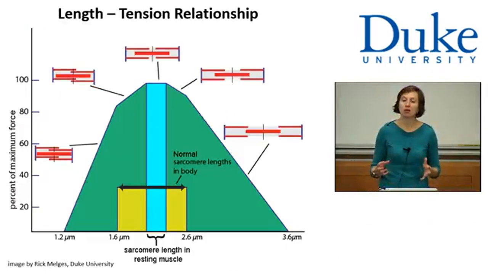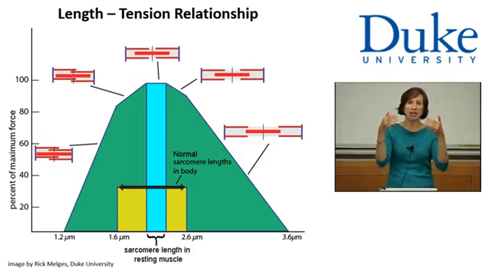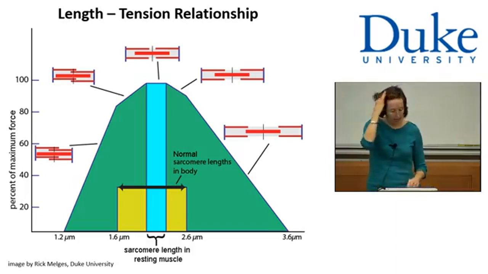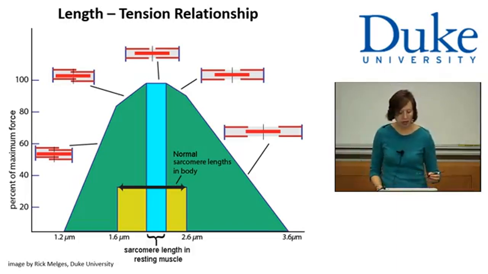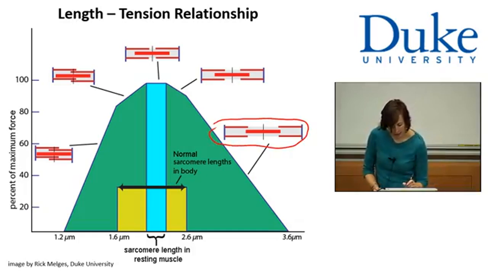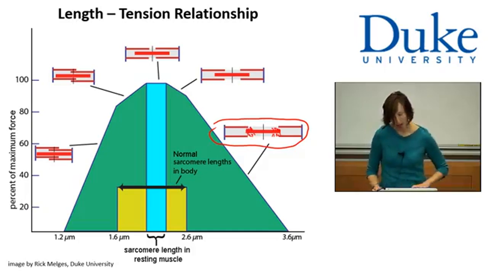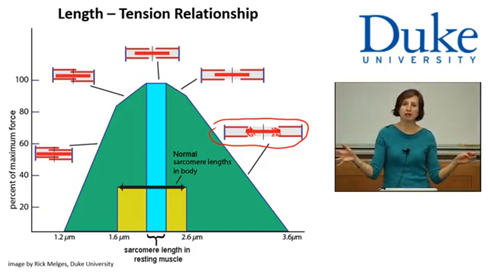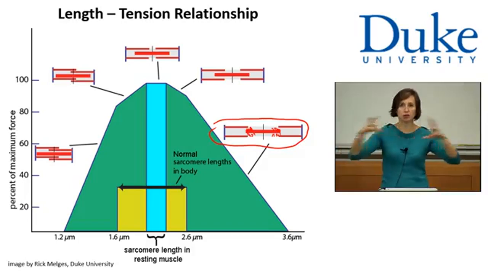The amount of tension that is formed is also going to be based on what's happening at the microscopic level of the sarcomere. Let's take an extreme example of if your muscle is overly stretched, as shown here all the way on the right in this graph, where you can see that the heads of the myosin at the end of the thick filament, most of them are not able to contact the actin anymore because the sarcomere is so stretched.